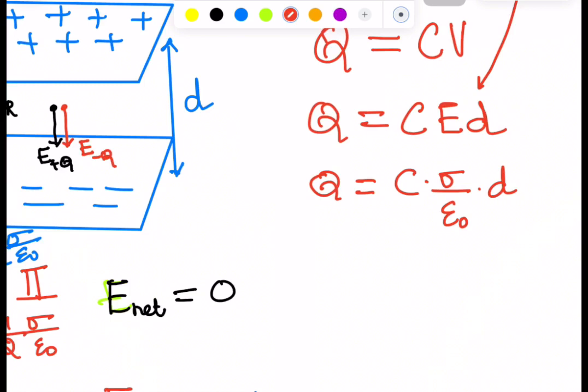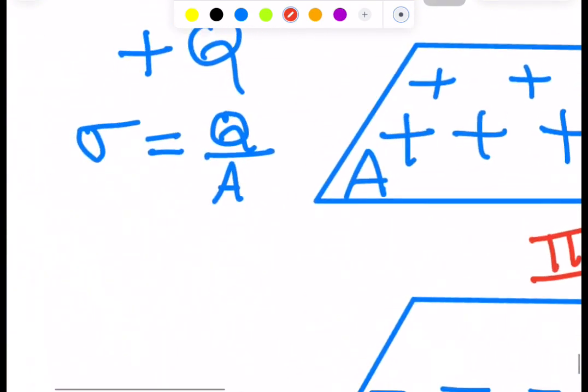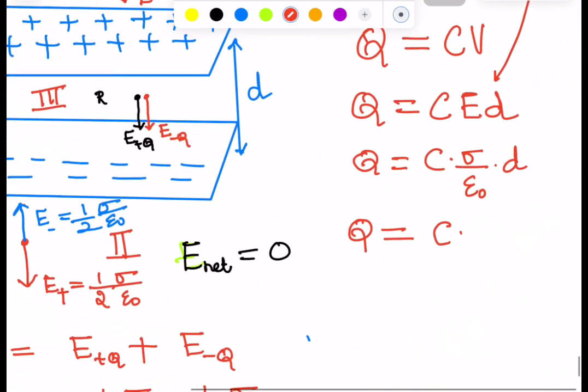Q is the charge on one of the plates. C is the capacitance. What does sigma stand for? Sigma is nothing but the surface charge density of the plate, which is the charge developed divided by the area of cross section.